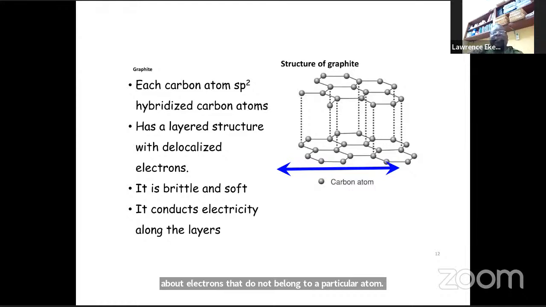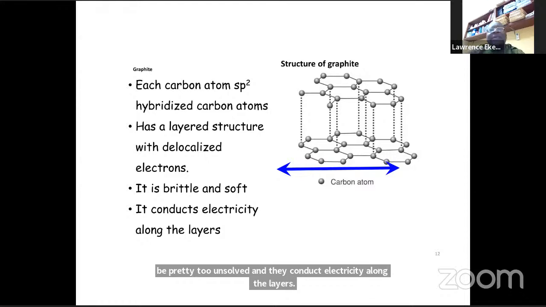The layer structure makes graphite brittle and soft, and it conducts electricity along the layers. Why? Because of the delocalized electrons.